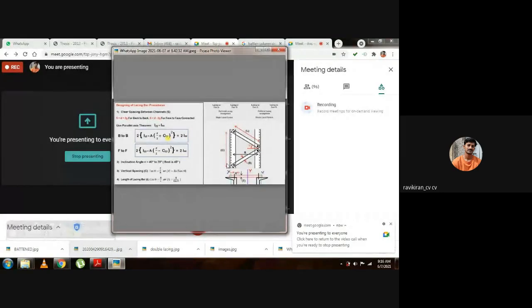Vertical distance C is the spacing of the lacings. You should not consider from this portion vertically. You should consider two edges as the spacing of the lacing, C, here it is denoted.